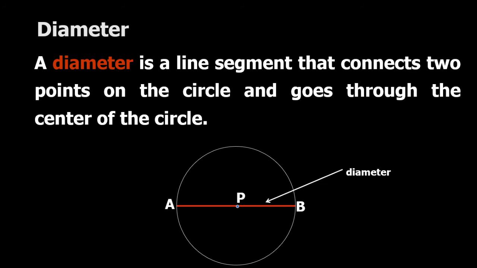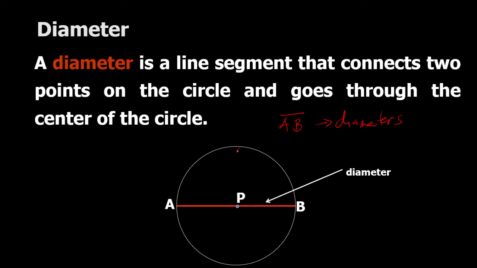In the given figure, in circle P, line segment AB is the diameter. Remember, to determine if a given segment on the circle is a diameter, look for the passage of the line segment. If it passes through the center, then it is a diameter.